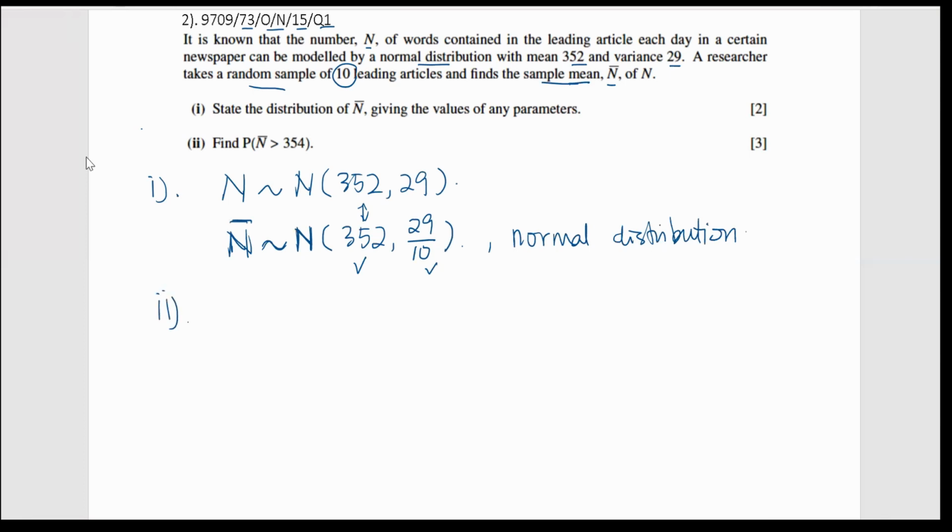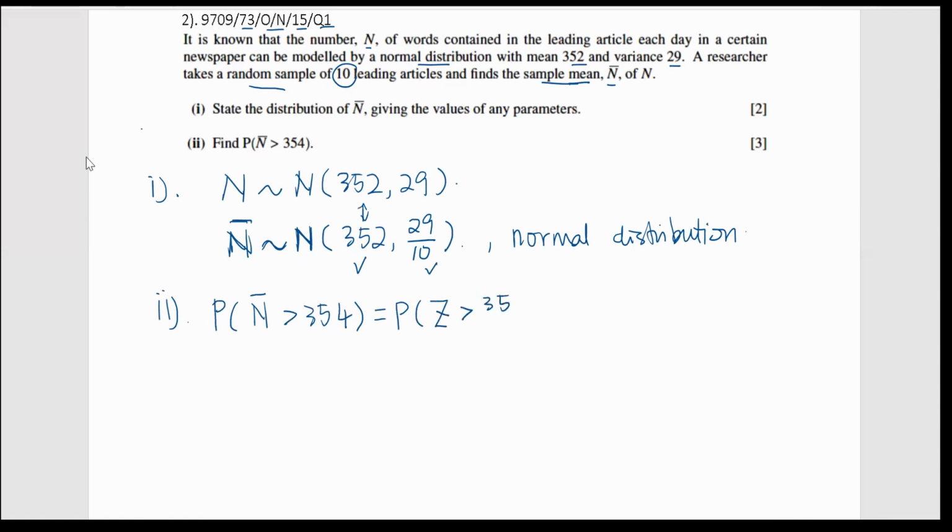Now, part 2, straightforward, asking you to find the probability of N bar greater than 354. So, since it follows a normal distribution, we must find out the standardized value, the z-score.